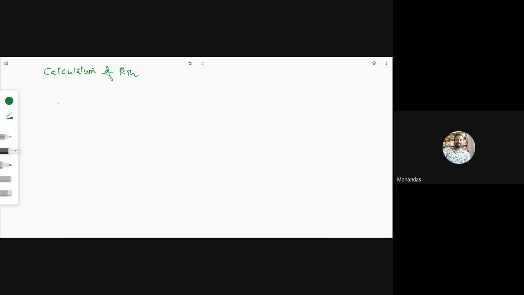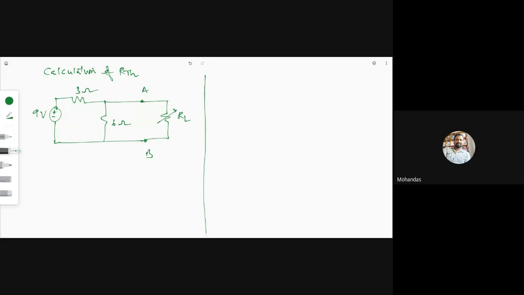Let me take the same circuit again: a 9 volt source, a 3 ohm resistance, a 6 ohm resistance, and the pair of terminals A and B, and this is the load resistance RL. This is the circuit you have been given.